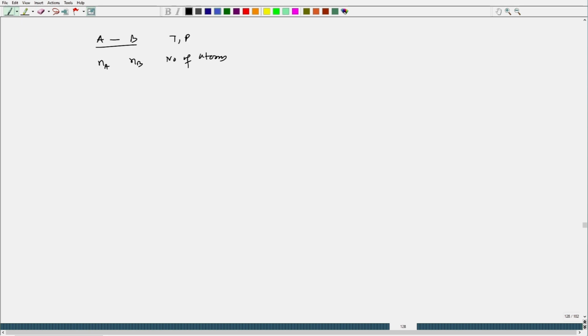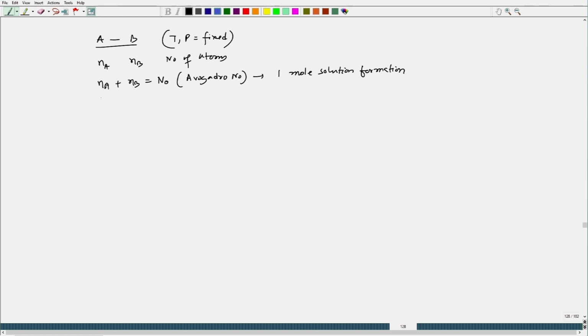The temperature and pressure both are fixed, and when you add them together they should yield a value called N0, let us say that is Avogadro number. It means 1 mole solution formation.